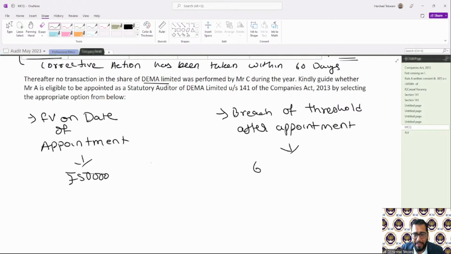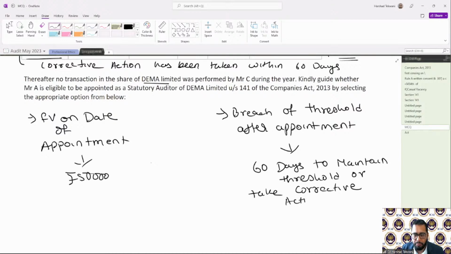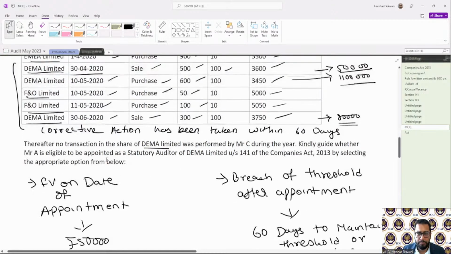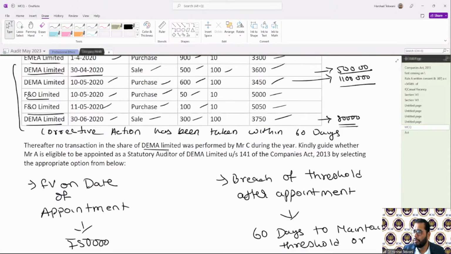So you will be given 60 days to maintain the threshold or to take corrective action. Clear? Any doubt? So in the current case, the appointment is valid.